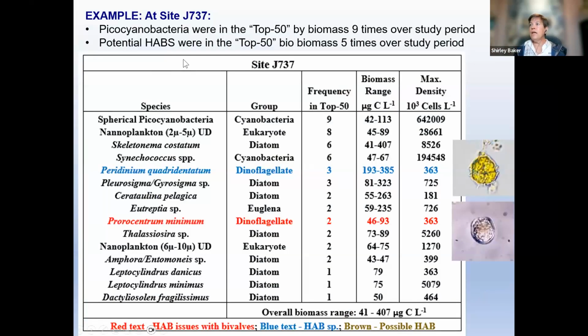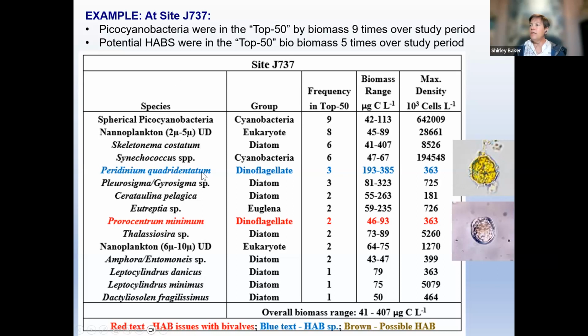Here's an example of the top 50 graph. These picocyanobacteria, for example, occurred in the top 50 9 times over the study period. And those might be a little small for bivalves.